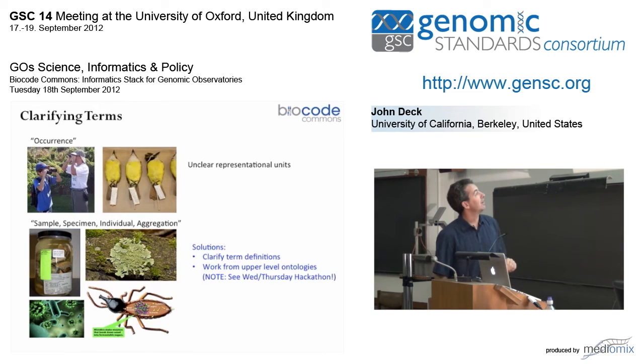The other examples, there are many different things, like what you call a sample or a specimen, an individual or an aggregation, which may oftentimes become incredibly confusing when you're talking about different things. So the example of the termite here: if you take the microbes out of the gut of the termite, is it still functionally a termite? I don't know.